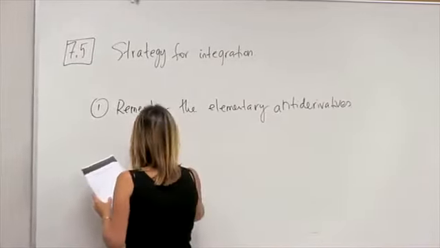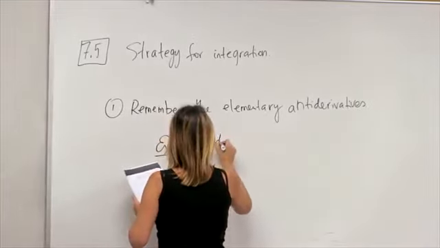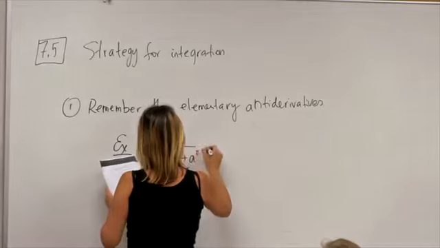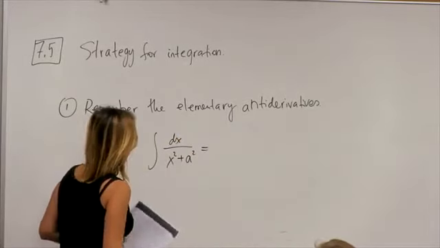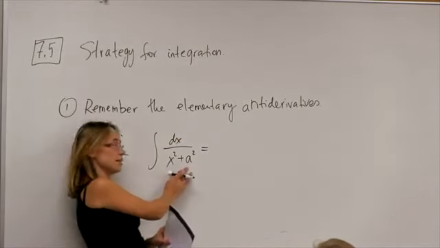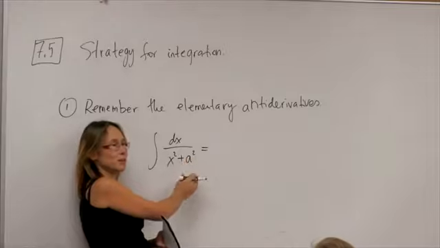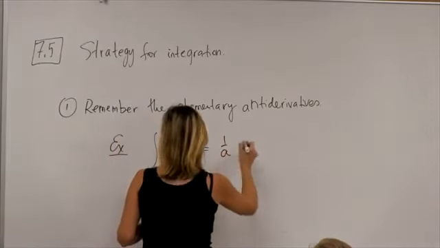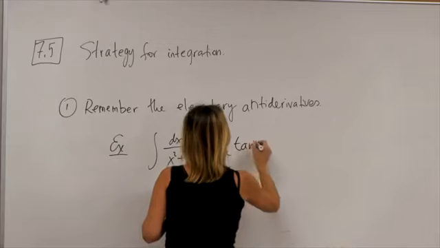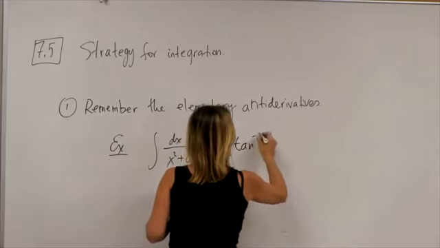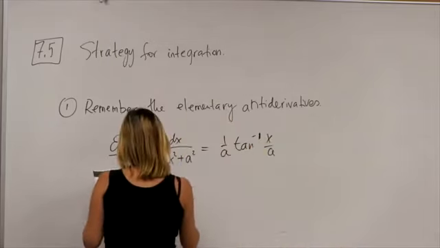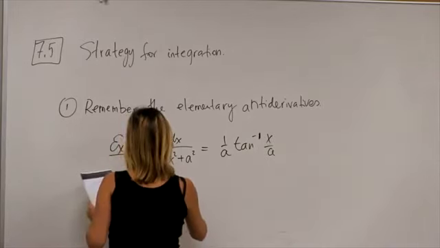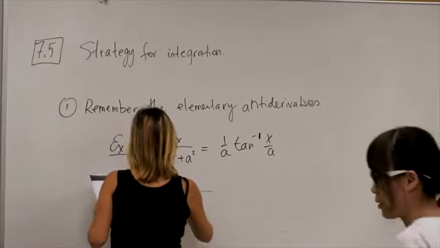For example, do you all remember this one? You may remember the one that has a 1 here, but it makes sense to memorize this one. This is 1 over a, arctan of x over a. And another, a similar one, dx.